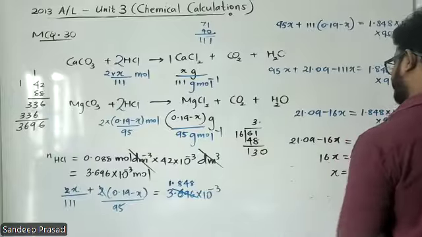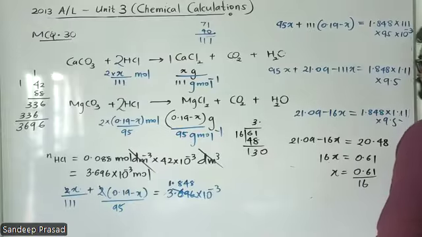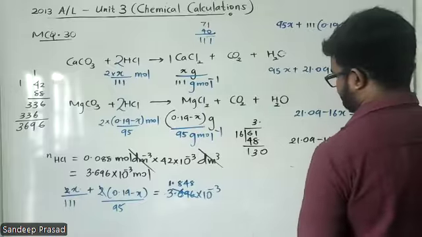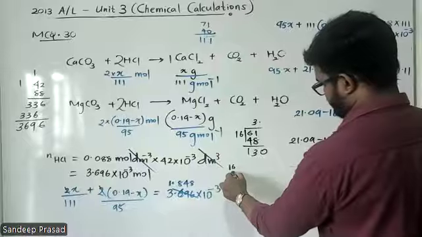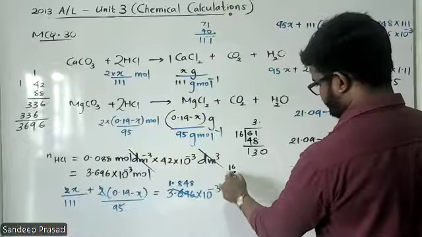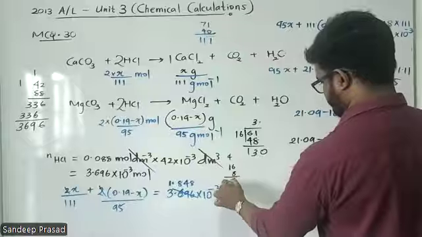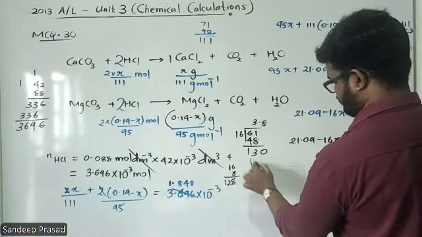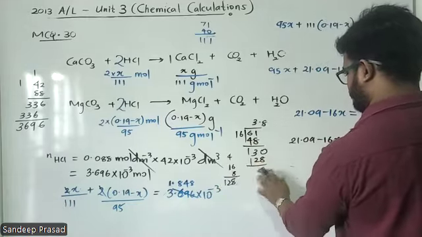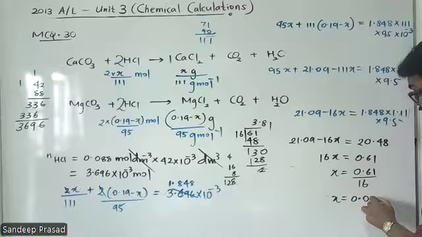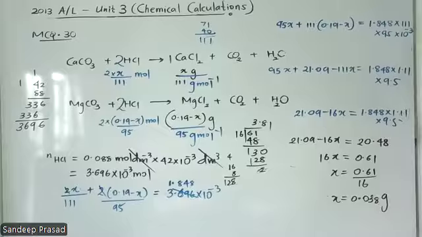So 130, how many 16s are there? 7, 8. Okay, so we can say that here 0.038. So this is the mass of calcium chloride.